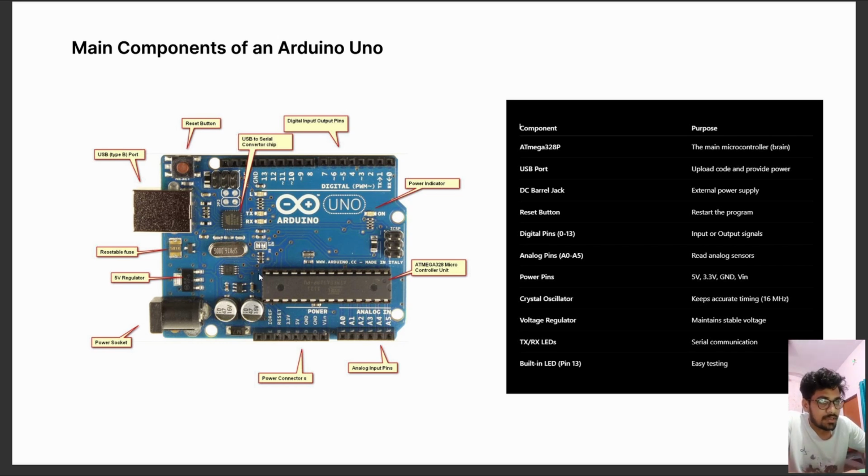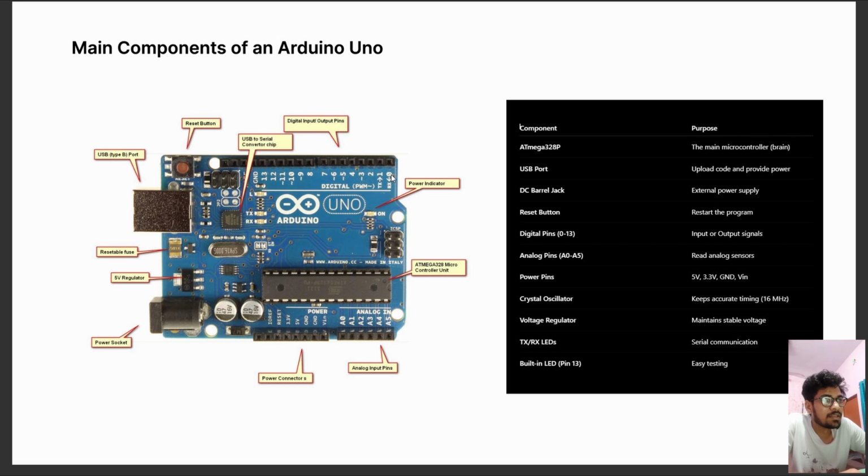This large rectangular component is basically the main brain of Arduino. This is the ATmega microcontroller unit. These are the power connectors, where you connect the pins and supply power to the components.